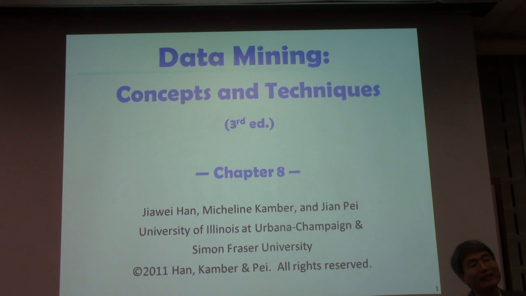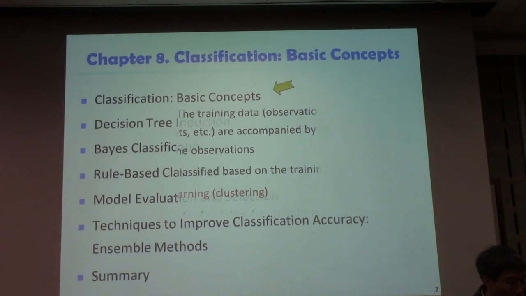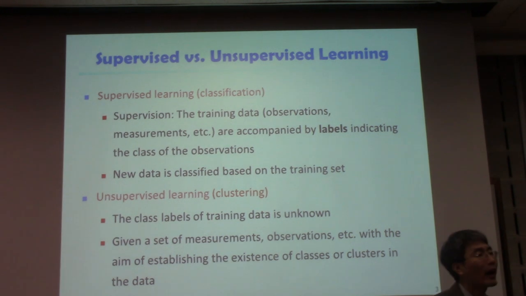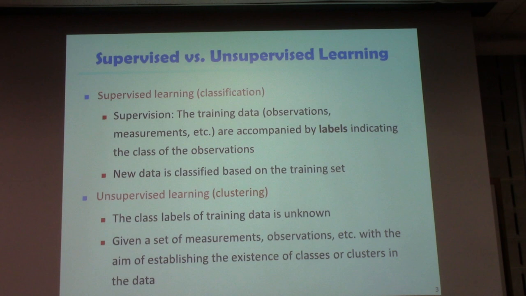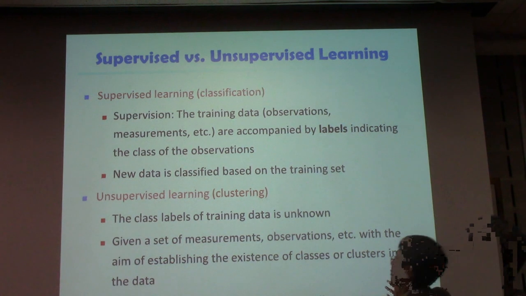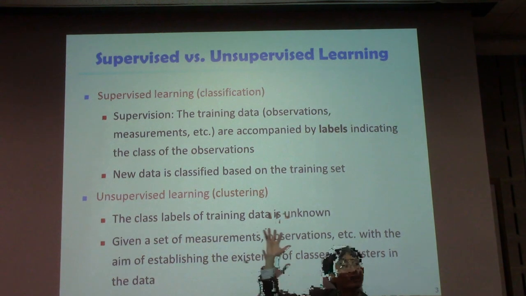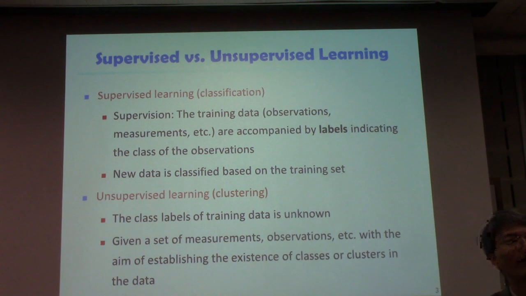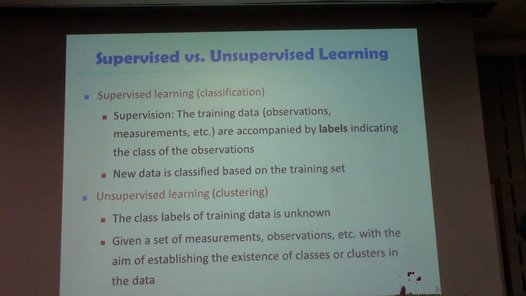especially for the classification. So we have discussed two different types of learning algorithm. One is supervised learning and another one is unsupervised learning. Mostly we discussed unsupervised learning, in other words, the clustering algorithm, before spring break. What are they? First, the unsupervised learning.